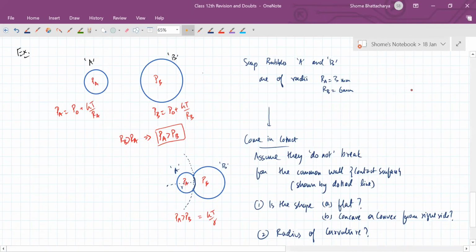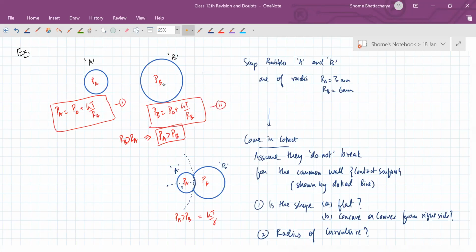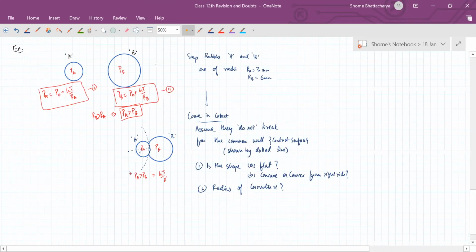Achha, using this only you're getting 6 mm, Samudhi. Let me check. Anyway, this is your equation 1 and this is your equation 2.